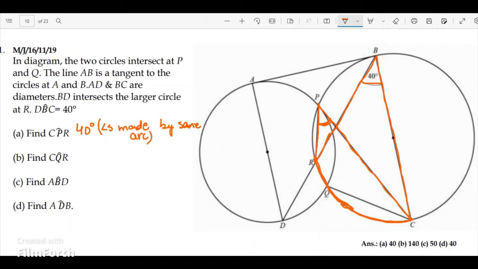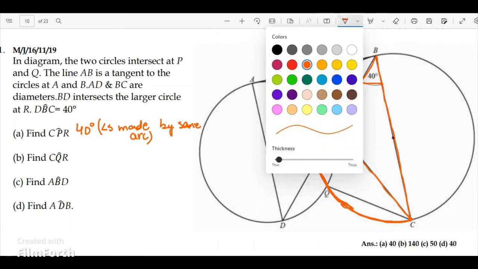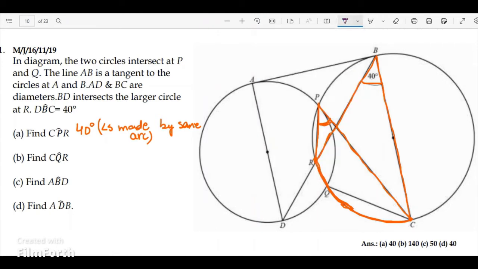Next, CQR is what we have to find. CQR would be this angle. I'm just erasing these lines here so it becomes a little more clear.